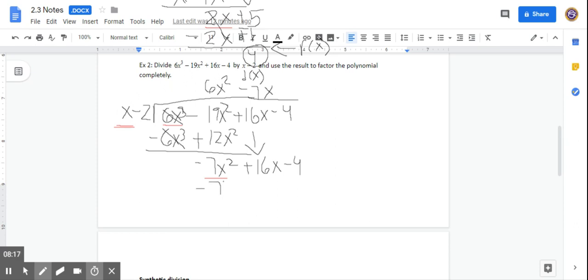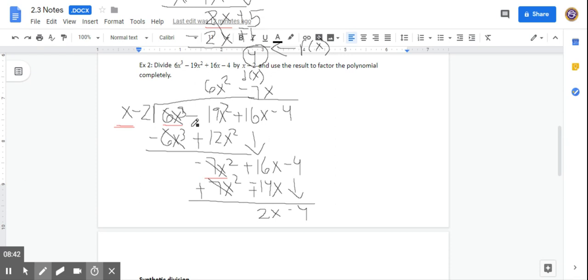So I get negative 7x squared plus 14x. And then I subtract, so that would be double negative becomes plus, and then minus 14x. These cancel. 16x minus 14x, I'm left with 2x, and I bring down the minus 4.